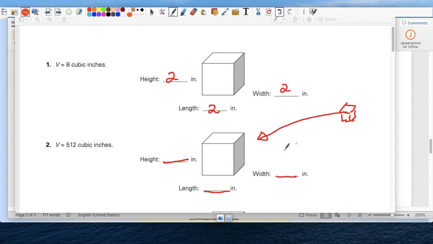So, knowing that they measure the same, what same number multiplied by itself 3 times gives you 512? Well, you can just put that in your calculator, and let's see if I can do it. The cube root of 512 would be 8.